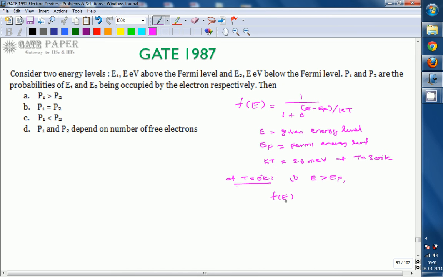It lies between the values 0 and 1, and indicates the percentage of probability whether the given energy level is occupied by an electron or not.